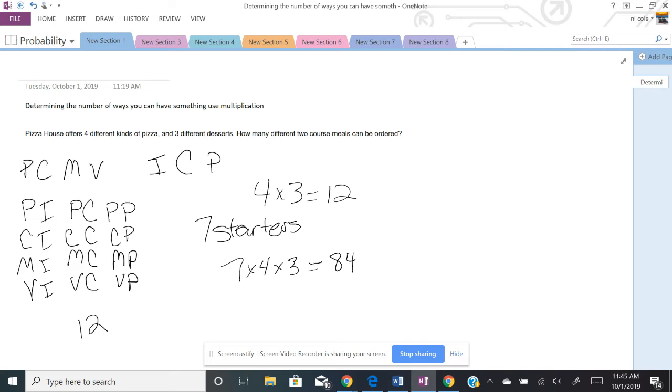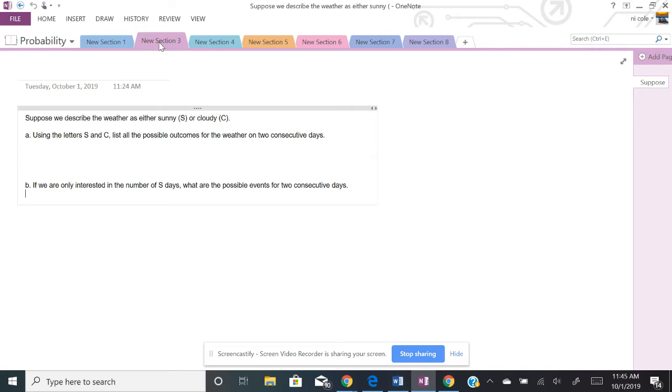And I wouldn't want to list 84 options. That just is way, way too much. So just remember that if they're asking for the number of possible items, you can multiply.